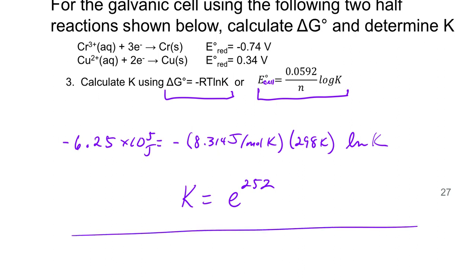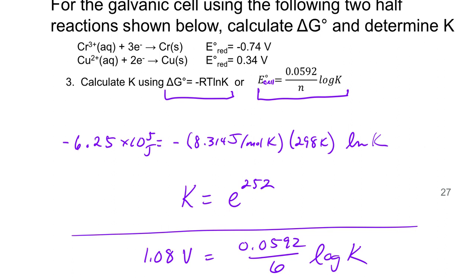If we use our E cell, the Nernst equation, E cell equals 0.0592 over n times the log of K. Our cell potential was 1.08 volts, equals 0.0592 over 6 times the log of K. Rearranging that, we're going to get 10 to the 109 equals K. Another big number.